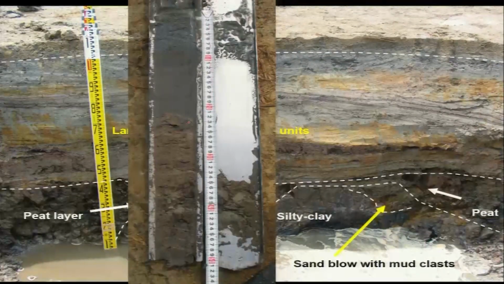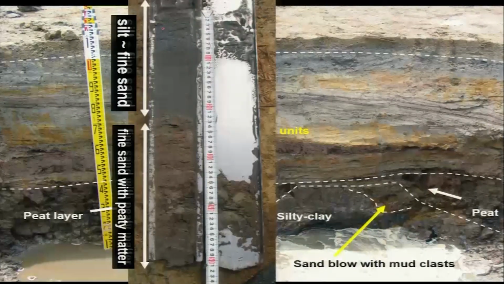So this sharp contact again suggests that the environment was suddenly changed, and then you have deposition of this deeper part. So this again indicates that this area, before the earthquake, was under an intertidal region, but then went into a deeper environment. So this was a sudden change. Okay.